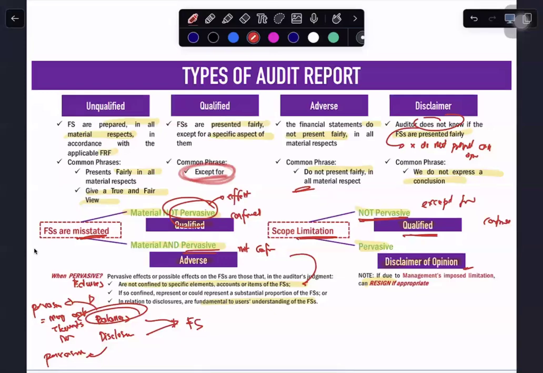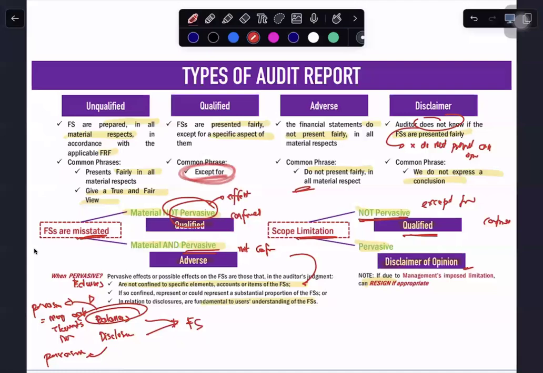For limitation, disclaimer. Sir, can there be a pervasive misstatement that is a disclaimer? No, because you cannot say that there is a misstatement in a disclaimer. Take note, under disclaimer, you were unable to complete your audit. Since you were unable to do your audit, you cannot say whether the FS is misstated or not.